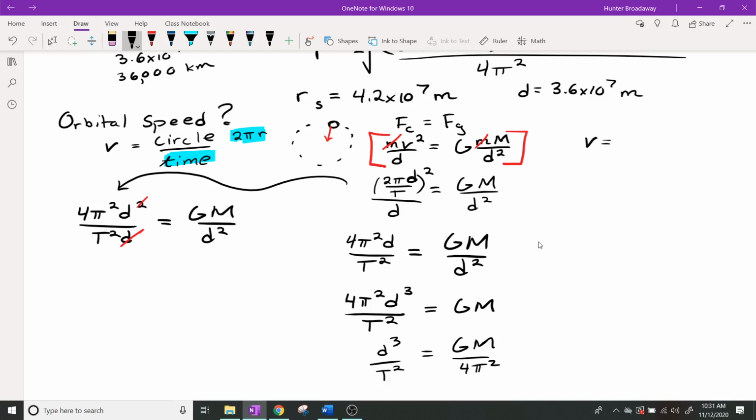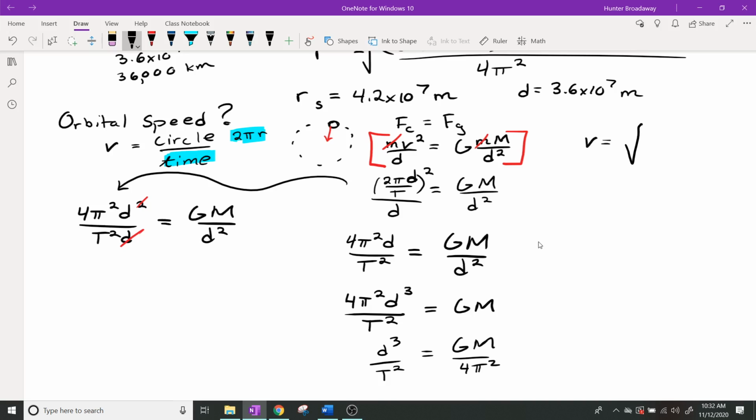So it may be that 2 pi over t gives you a slightly different velocity than over here, because we definitely know the mass of the Earth and the gravitational constant to a lot of significant digits. So that's okay. It's all good for you. It's healthy that way.